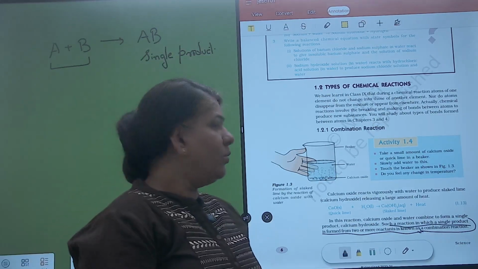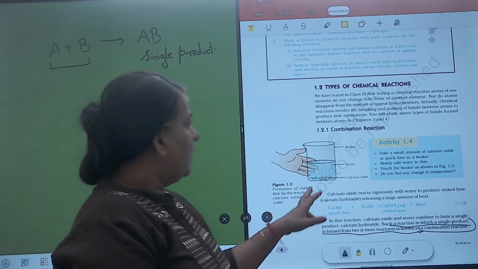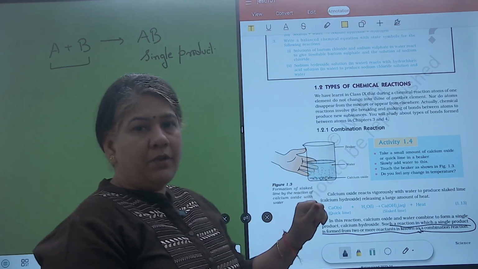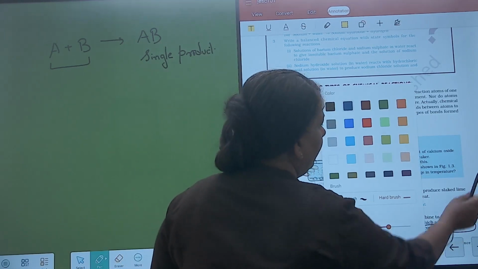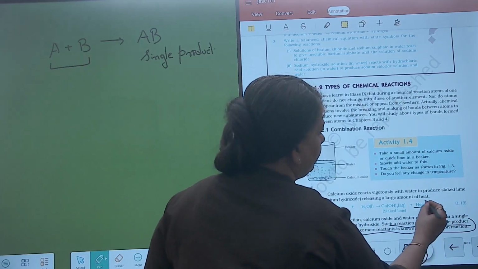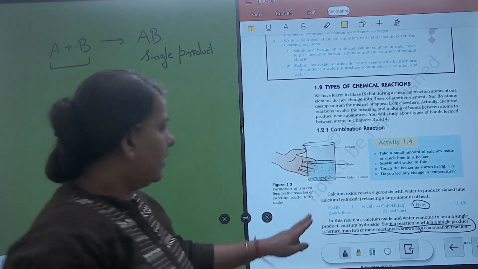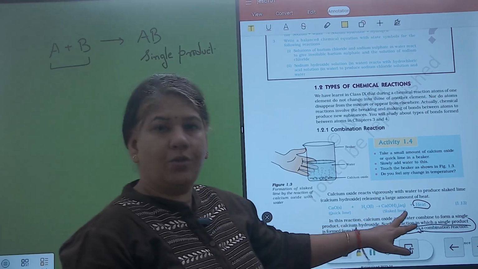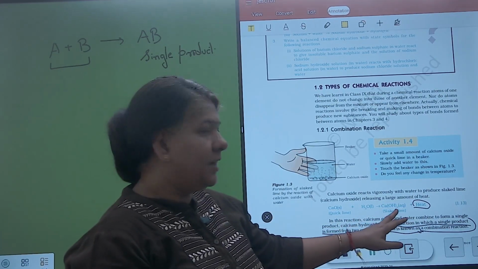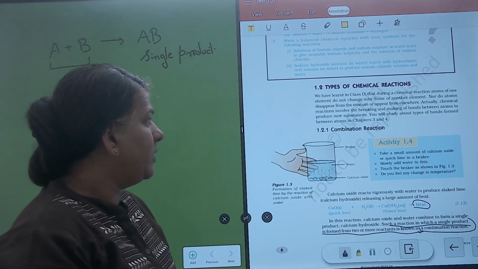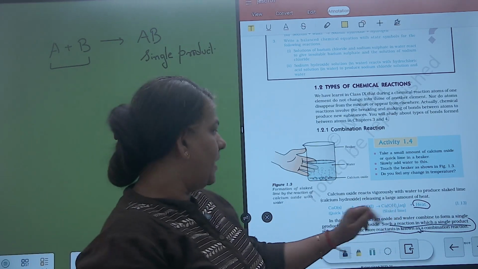We add water to calcium oxide, a large amount of heat will be released. So here what we see, that heat is being released, and single product calcium hydroxide is formed. It is commonly known as slaked lime. So common name of calcium hydroxide is slaked lime.